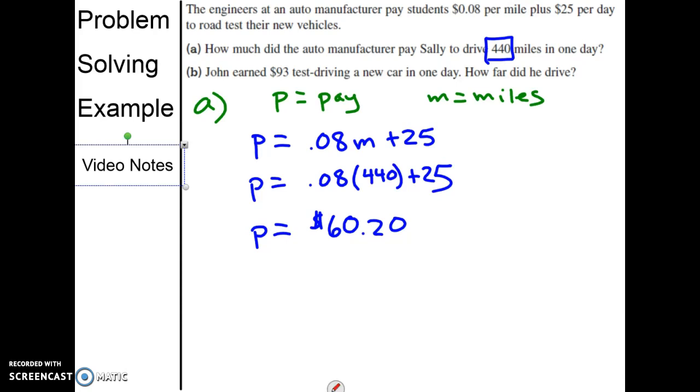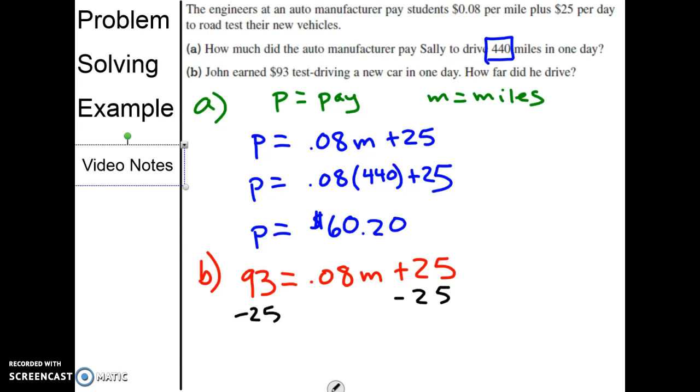Then for part B, we're using the equation in a different way. We're still going to use P equals 0.08 M plus 25, but they tell us the pay. So here we're going to plug in the 93 for the pay, and then solve for M. You'd subtract 25 on both sides, and you'd get 68 equals 0.08 M, and divide by 0.08 on both sides.